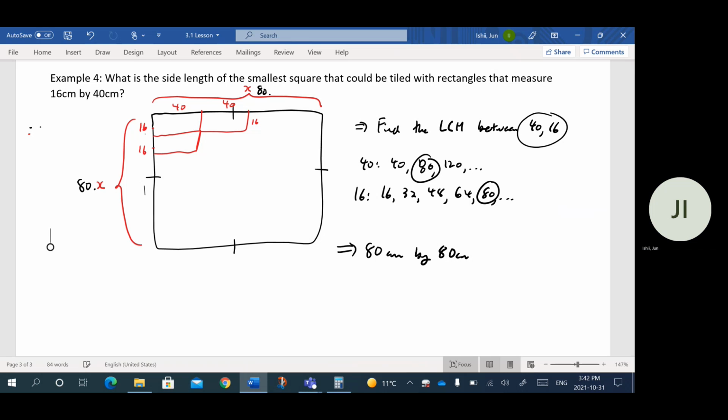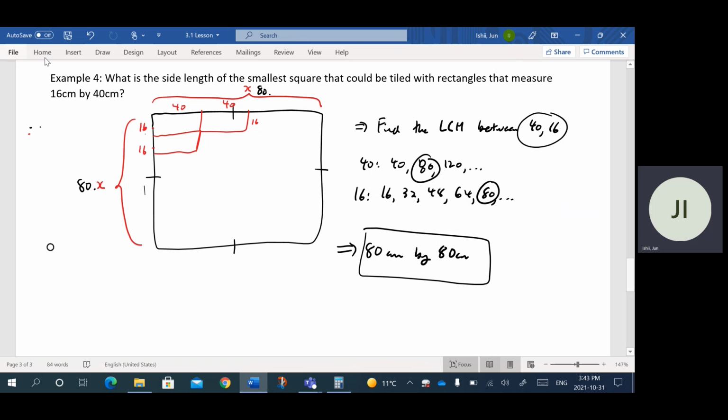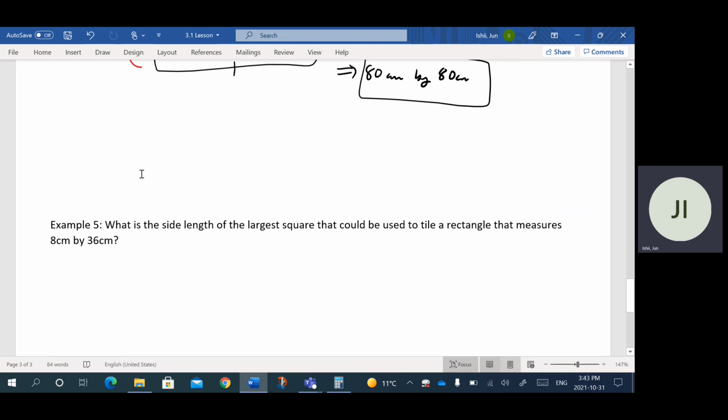So basically, this question is just asking you what is the lowest common multiple between 40 and 16. If I put multiples of 40 across this way, multiples of 16 down this way, when would these two sides be equal? It'd be 80 and 80.